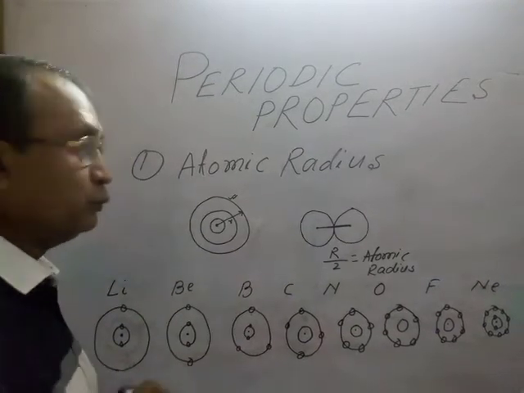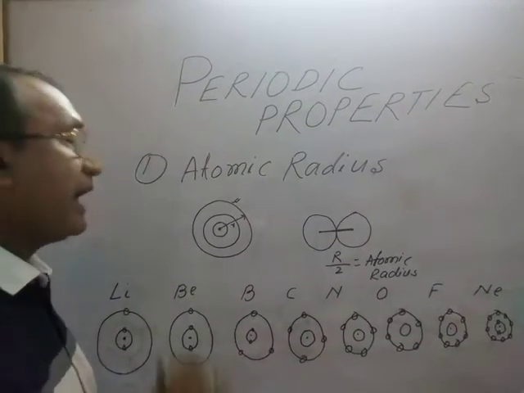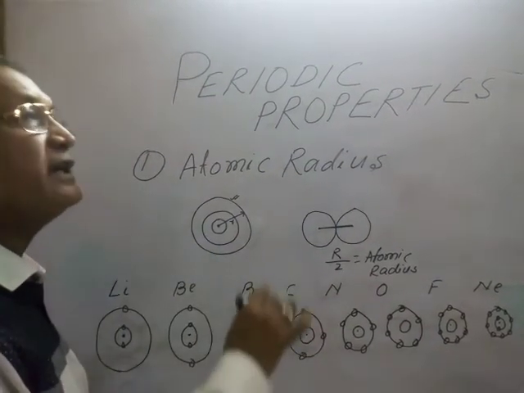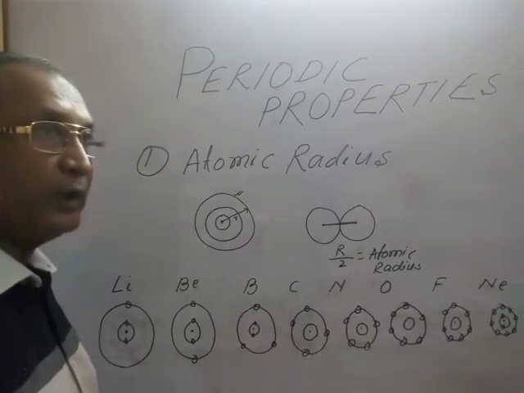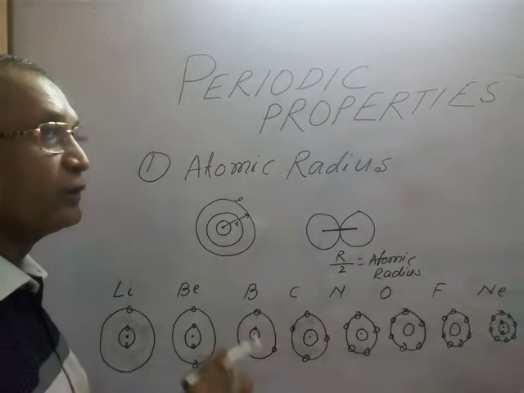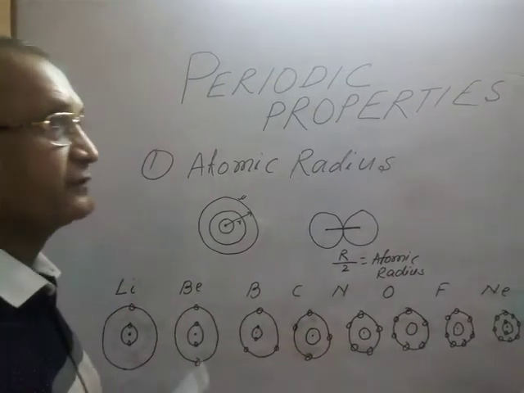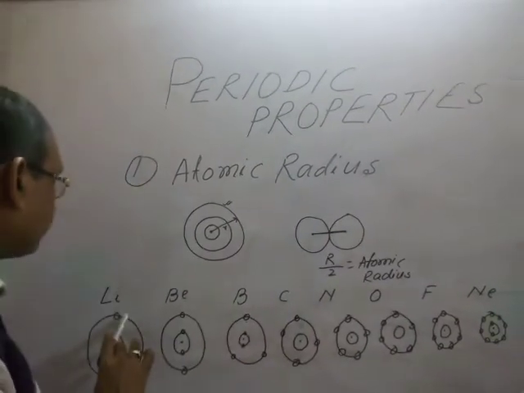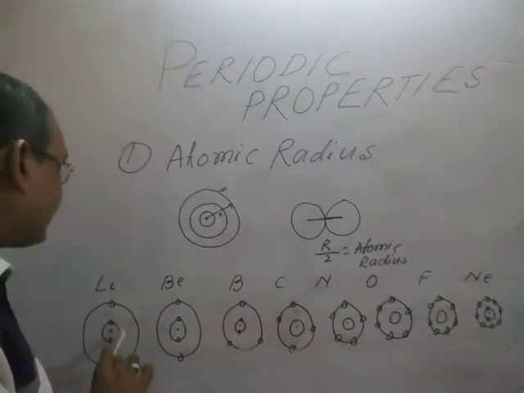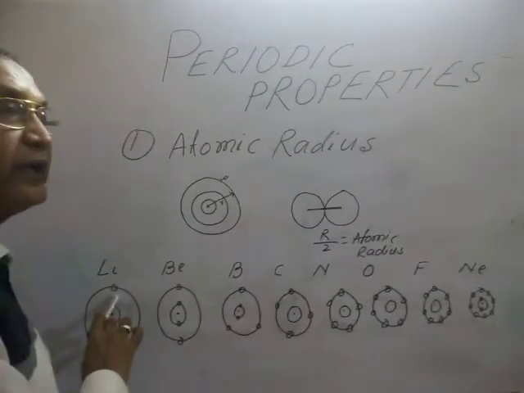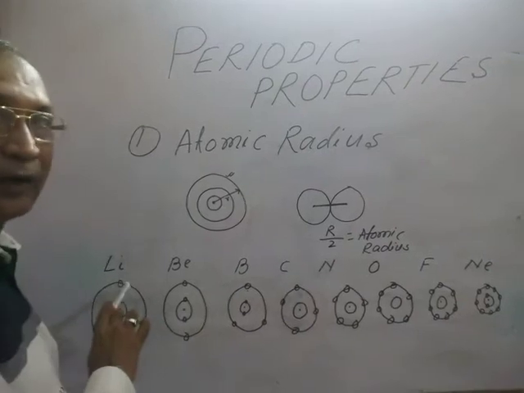Point number two: effective nuclear charge increases. Here there are two cells, but in the valence cell the number of electrons is only one.